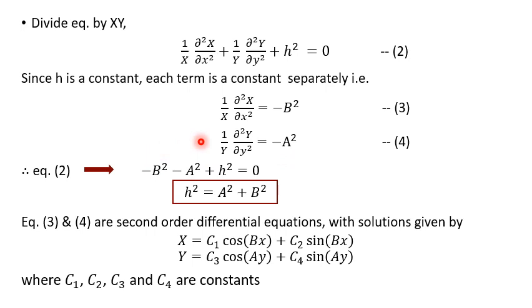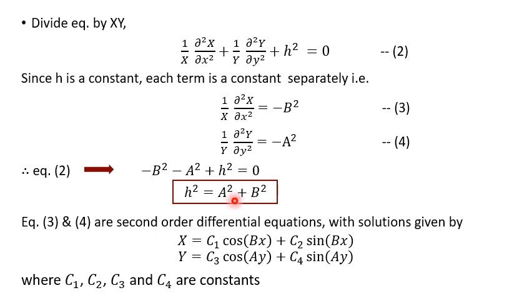So when I substitute equations 3 and 4 in equation 2, it becomes minus b² minus a² plus h² is equal to 0. Or in other words, h² is equal to a² plus b².